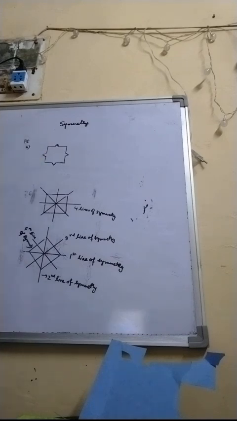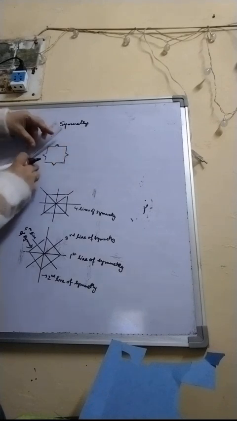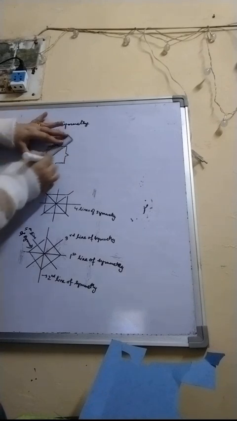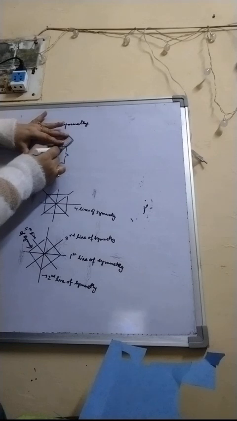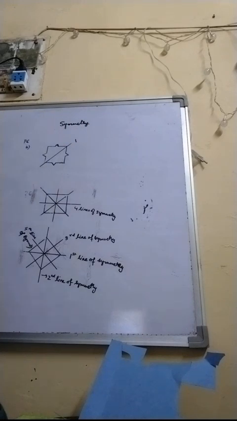Okay, so this is the figure. Now you have to determine the lines of symmetry. So how would you start? First of all, we can start from any side. Say here, this is the corner. Then you look for the opposite corner. So the first line of symmetry would be joining the opposite corners. This is line of symmetry number 1.